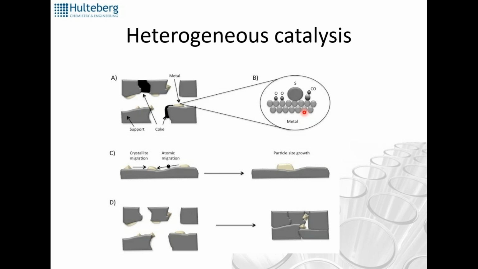Sintering, the last category, is surface area reduction due to growth of the crystals on the surface, like this, either atomic migration or crystallite migration, or indeed it can be that the support closes up on itself and renders part of the catalyst inaccessible.